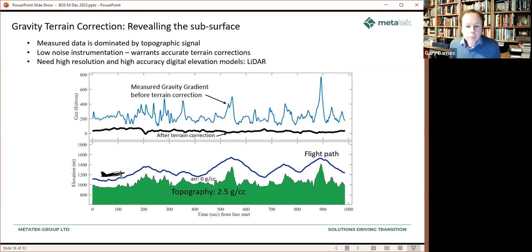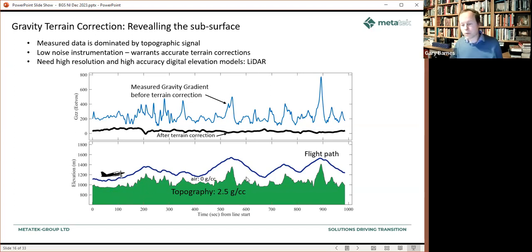So one thing I've not talked about is various corrections on the data. Now, one of the most important corrections that we apply is known as the terrain correction. When you're flying over an area where the topography has a reasonable amount of relief, any gravimeter or gradiometer will be very sensitive to these lateral changes in density, where essentially you've got topography surrounded by air.